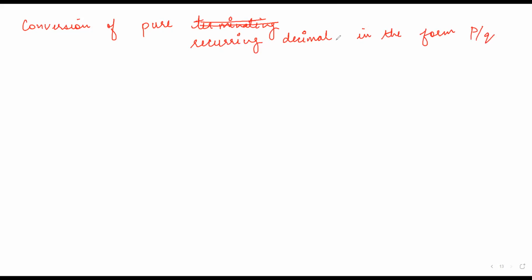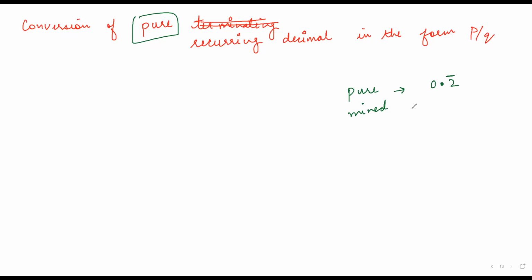So far we have seen how to convert a terminating decimal in the form P by Q: just remove the decimal and bring it to the simplest form. Now we have come to recurring. A recurring decimal can be of 2 types. One is pure, one is mixed. What is the difference? Pure is this, for example 0.2 bar, that means right after the decimal you have the recurring number.